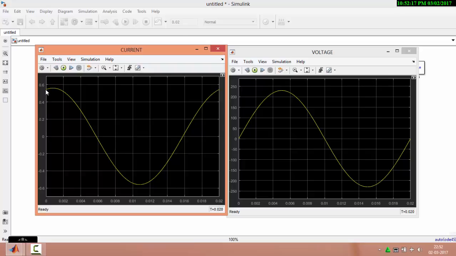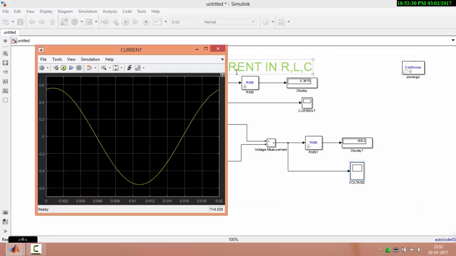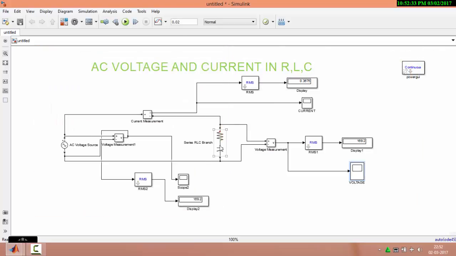That means the current is leading the voltage. The current is leading the voltage by 90 degrees. Right? This is the relation between current and voltage across a capacitor for an AC source.